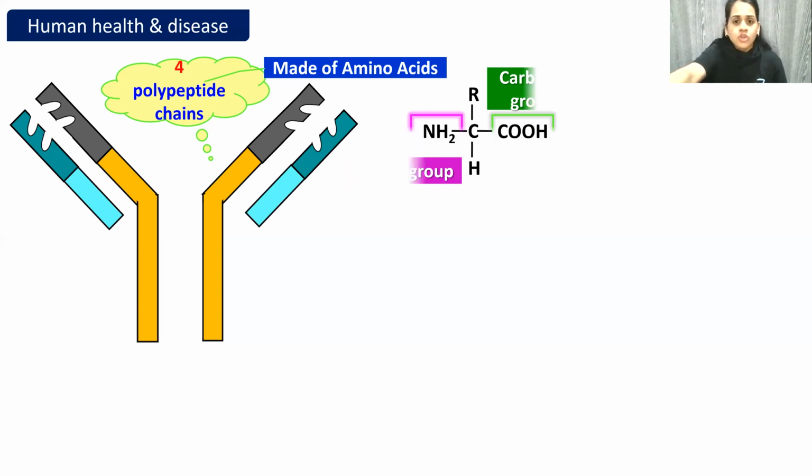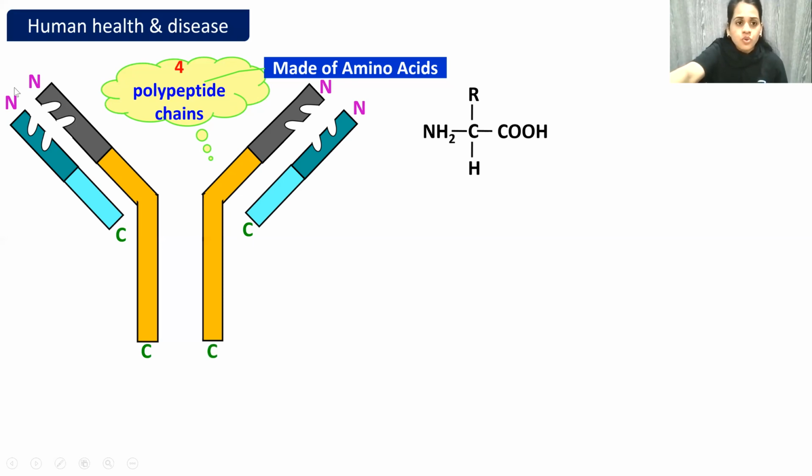Now one end of the polypeptide chain is made up of the amino group, where I have written N. Can you see? So one side is made up of the amino group and the other side is made up of the carboxyl group, where I have written C. Okay. So one end is of the amino group, the other end is of the carboxyl group, because in the structure of an amino acid both groups are present.